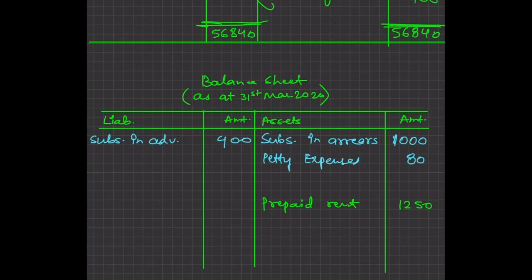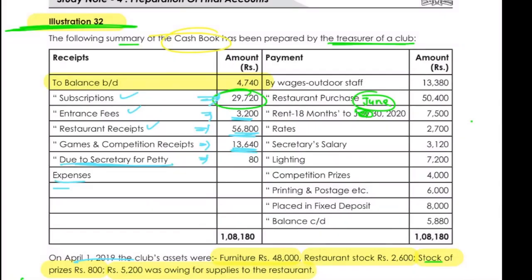Or I would say not just the petty expenses, advance for petty expenses of rupees 80.